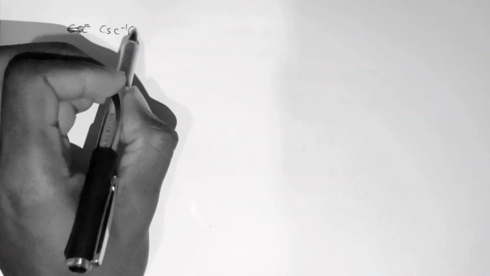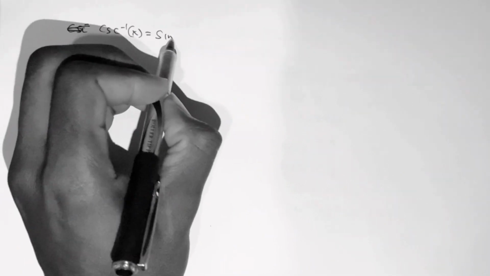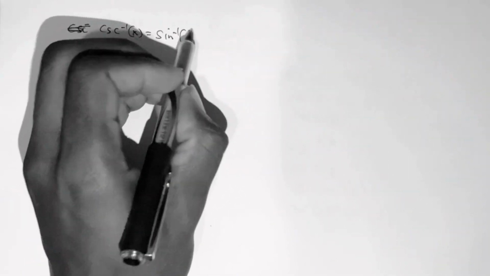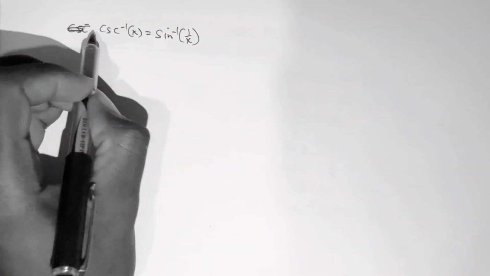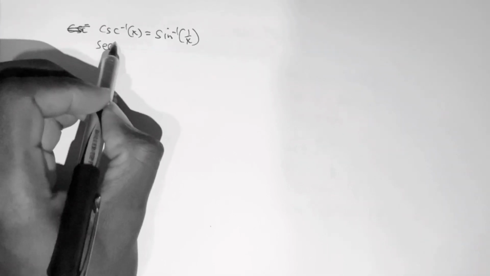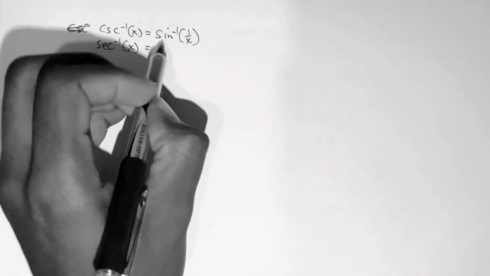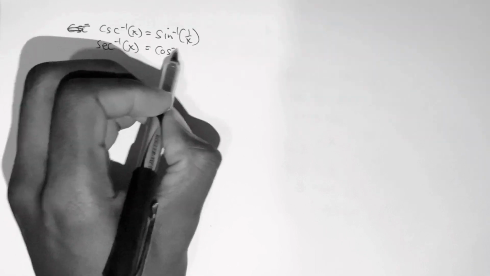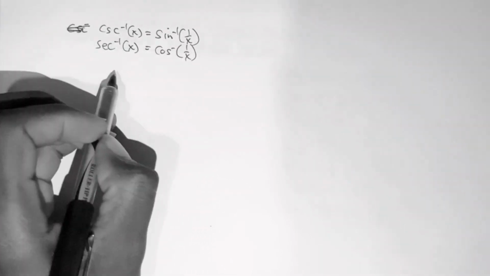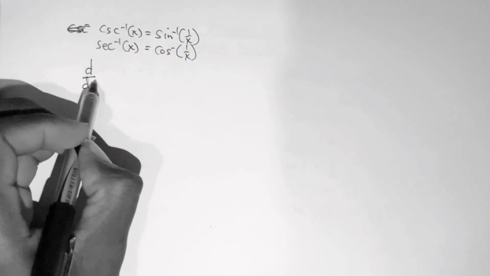That is, the first one is cosec inverse of x is equal to sine inverse of 1 over x. And then we have also established that sec inverse of x is equal to cos inverse of 1 over x. Now, using this, let's differentiate.